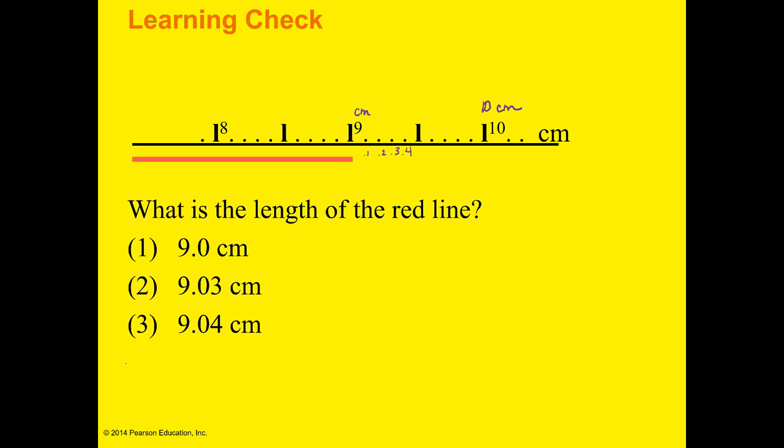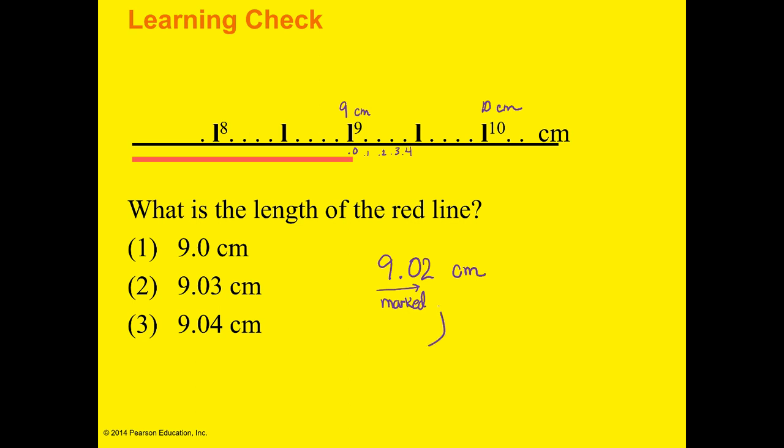Okay, so if it's marked in tenths, then you are allowed a guess. Really what this means is that this is 9.0. So for sure we're at 9.0. That's marked. But now we're allowed our guess. So if I'm reading that, I would have probably put 9.02 centimeters.